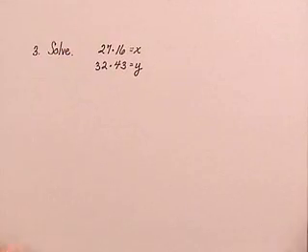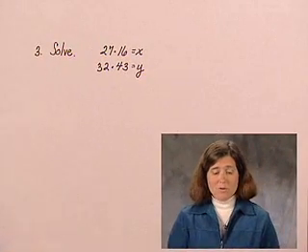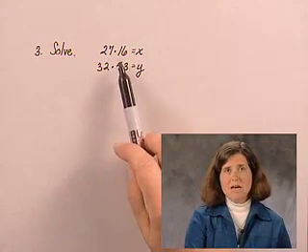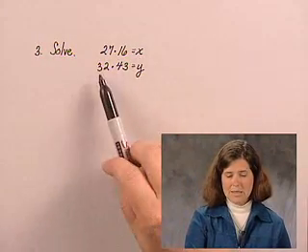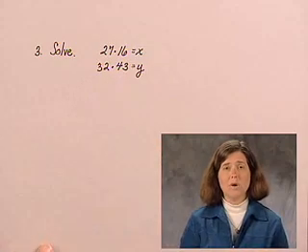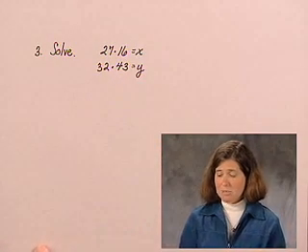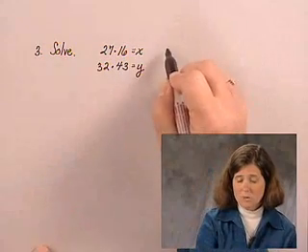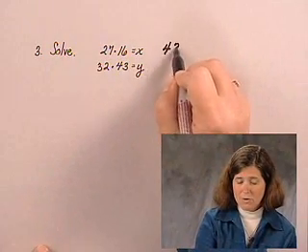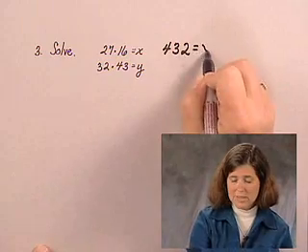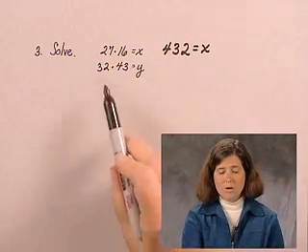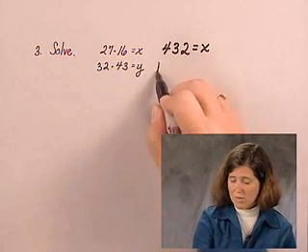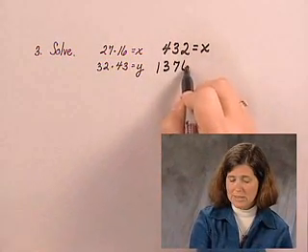The next step would be to solve. The first 2 equations we had for the weight of the oranges and the weight of the apples were 27 times 16 equals x, and 32 times 43 equals y. We can solve these by multiplying. 27 times 16 is 432, so we have 432 equals x. 32 times 43 is 1,376.